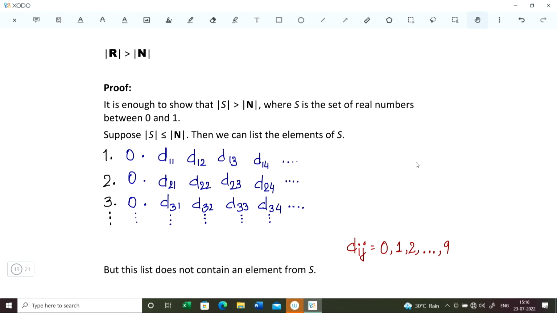So it's a proof by contradiction. So what should I assume first? That the cardinality of natural numbers and the cardinality of real numbers are equal or less than, right? And what can I do in that case?